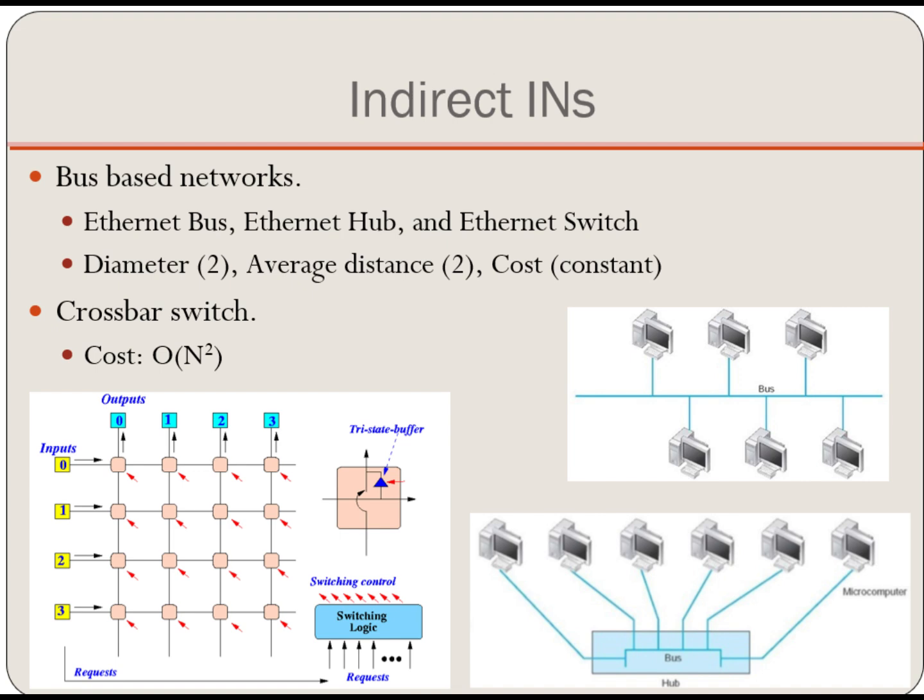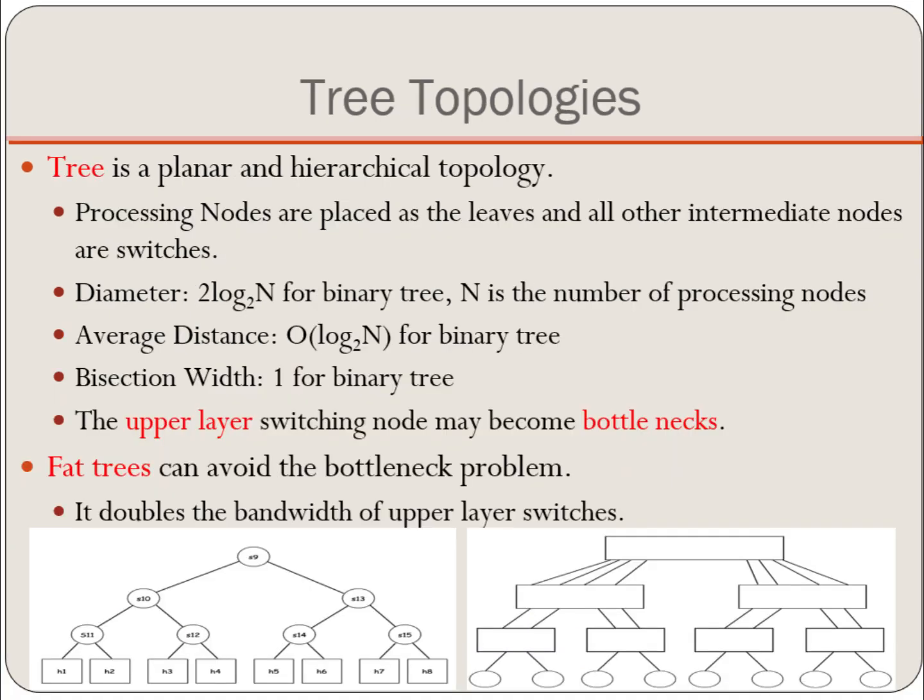Next, a very commonly used topology is tree. If we organize a tree as a two-dimension planar tree, so you don't have any closed loop, then it is a hierarchical topology, and a node has some channels and so on.